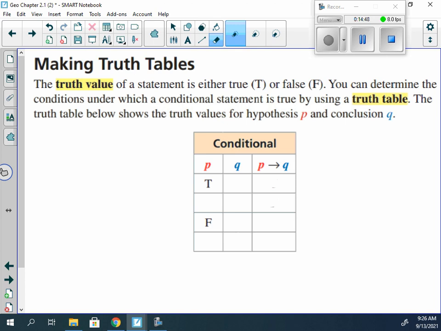But Q could also be true and Q could also be false. Because we could have this setup where P and Q are both true, yes? But we'd also have the case where P is true and Q is false. And then we can also have the other combinations of true and false.